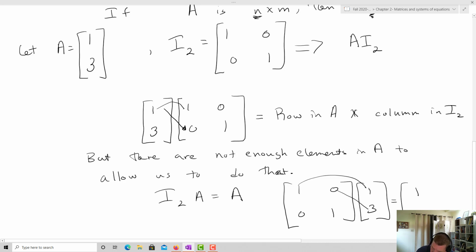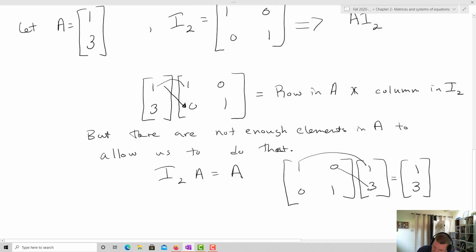And 0 times 1 is 0, 1 times 3 is 3, so this ends up being 1, 3. So I ended up with I2 times A equals A. But it doesn't work the other way around because A is the wrong dimension, or I2 is the wrong dimension. Okay? The question is, how big would A or I2 need to be in order for me to actually be able to multiply? Let's take a look at that and ask that question.